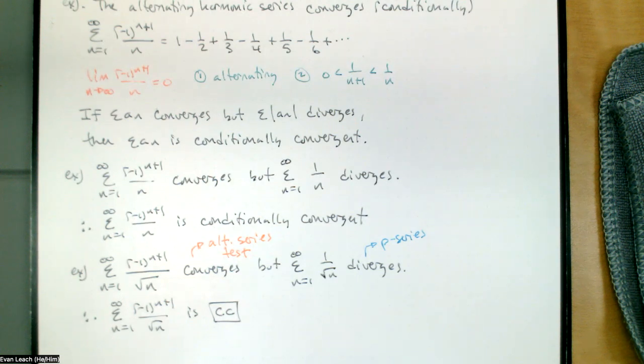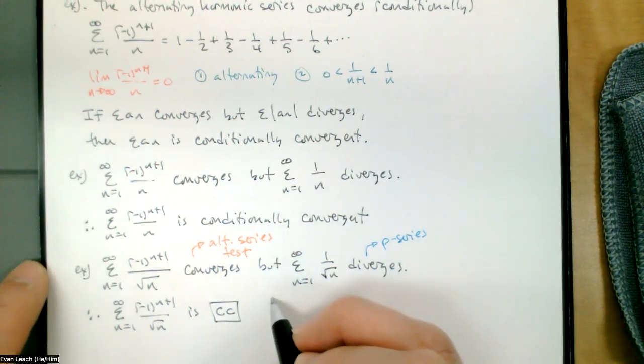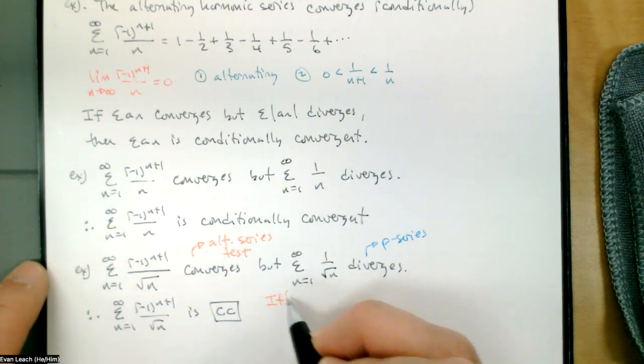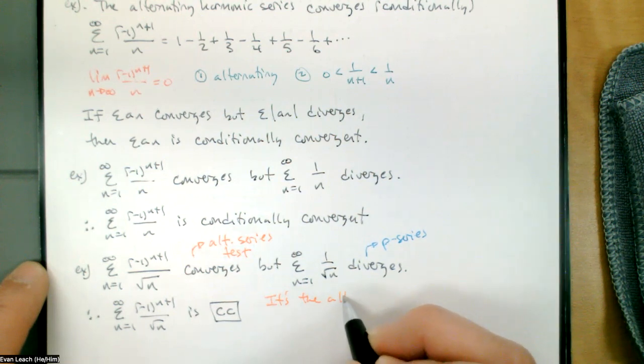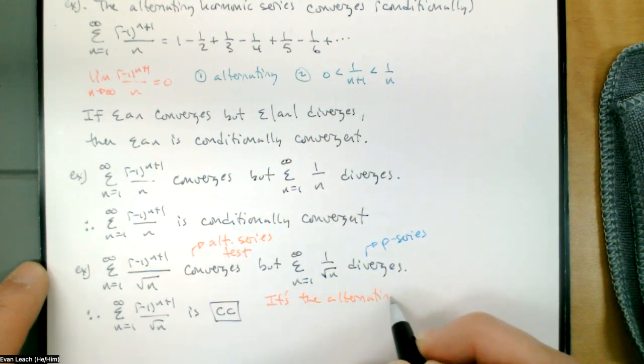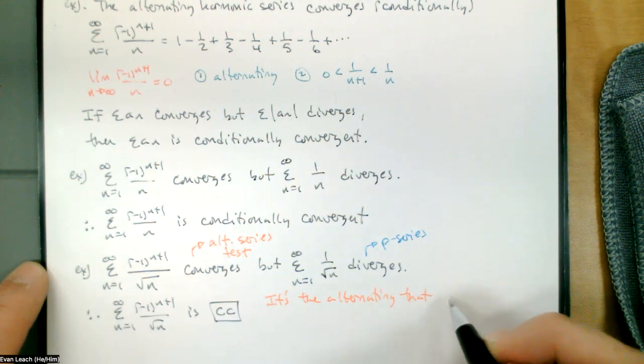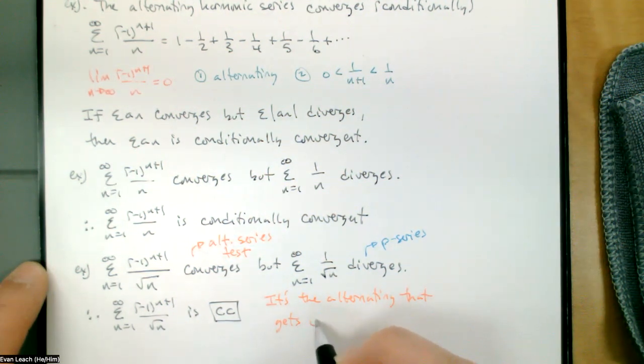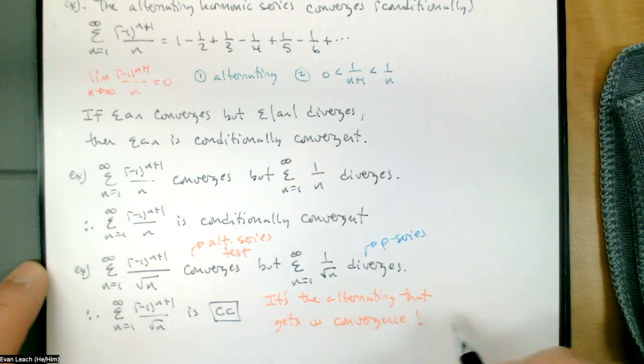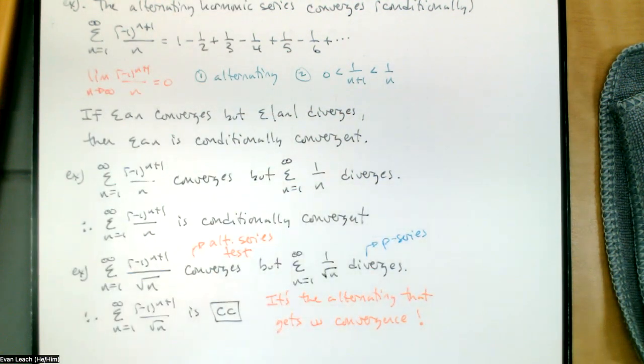We needed the alternating series test to get convergence. It's the alternating that makes the series converge. It's the alternating part that got us convergence here.